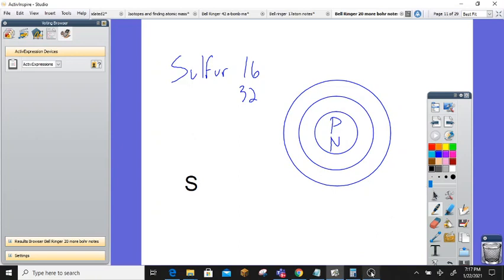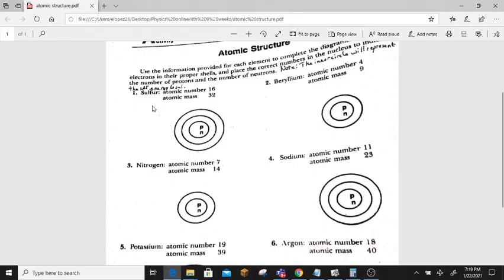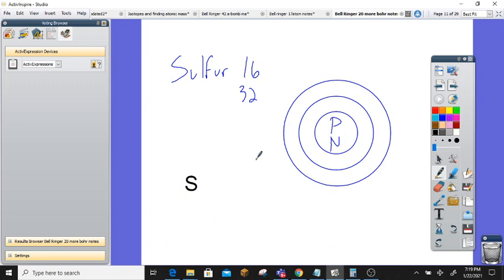Okay, so if we take a look at the handout, here we have the handout, you have the atomic number and the atomic mass, 16 and 32. So we have this example, right? You're going to do exactly the same thing.